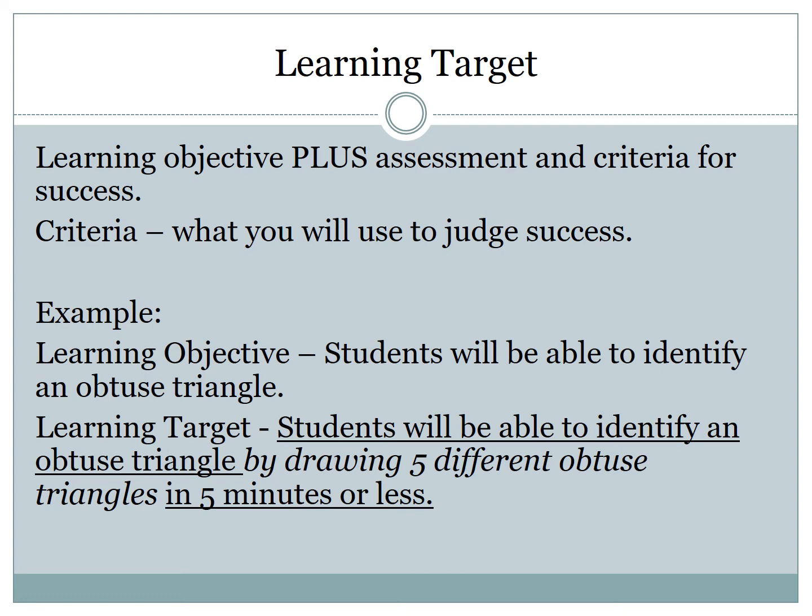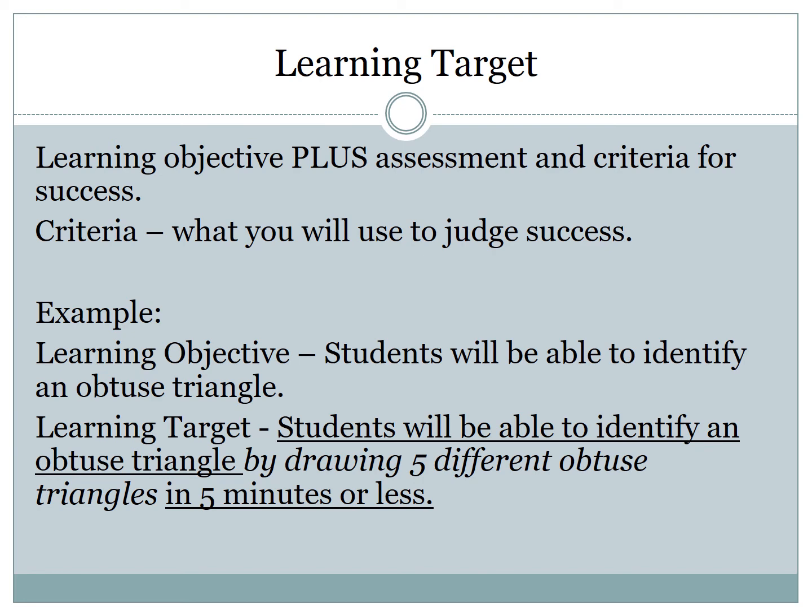I don't have to use the 5 minutes, by the way. I could just turn it into a learning target by saying students will be able to identify an obtuse triangle by drawing 5 different obtuse triangles. So I have to be able to say how I'm going to assess it and the level they're going to have to come up to for me to consider that they're successful. If I'm giving a quiz and it's worth 100 points, what's going to be the target for success?